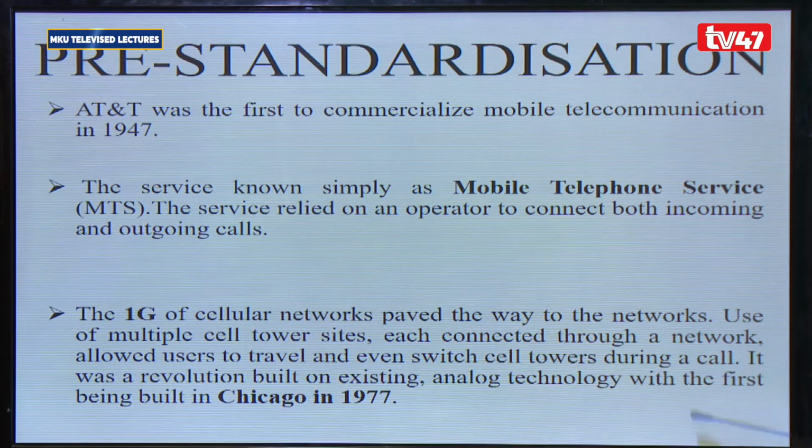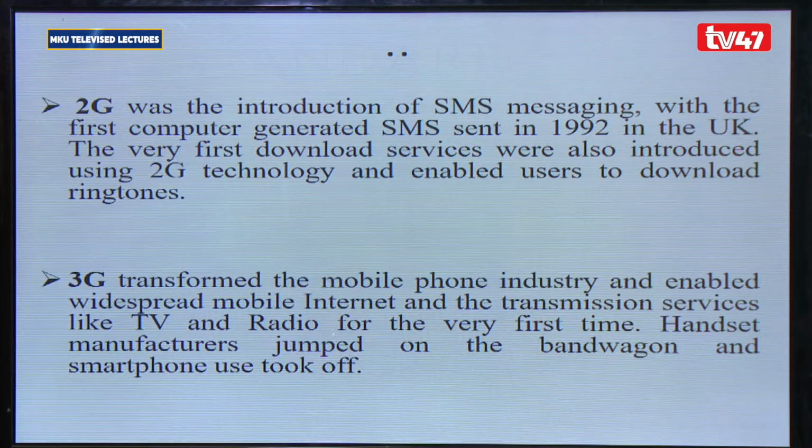So the introduction of cell towers improved communication, and the researchers went ahead and introduced the second generation mobile phones. So the 2G was introduced after the 1G network, and that brought SMS sending, with the first computer-generated SMS being sent in 1992 in the UK.